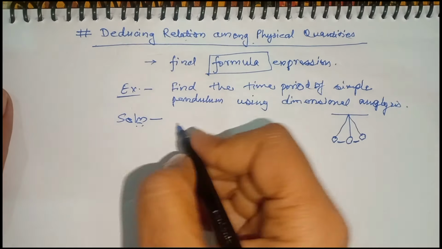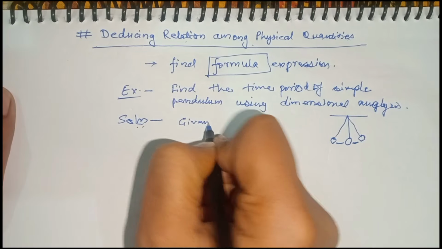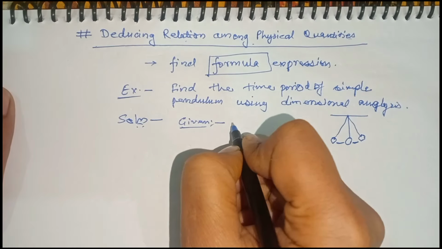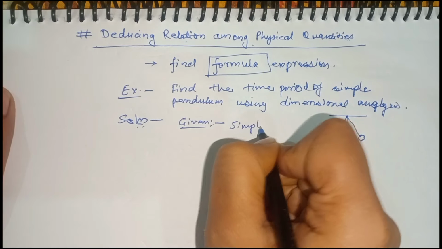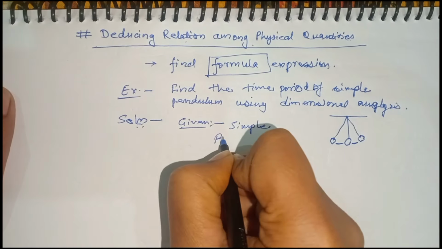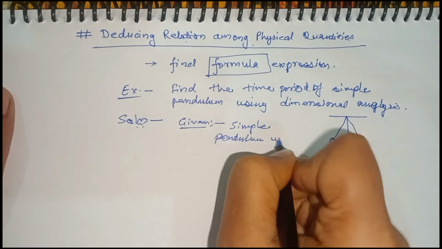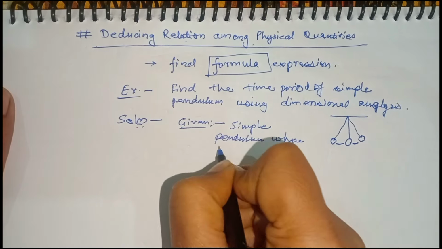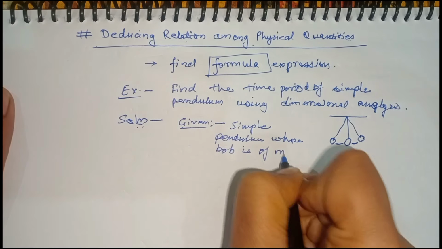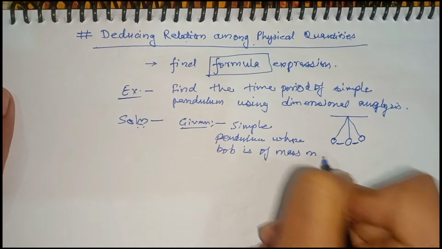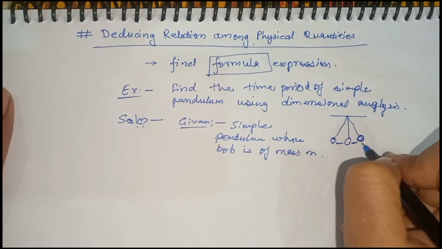What do we have to find? What is given? Given is a simple pendulum whose bob is of mass m. This is the bob of mass m.